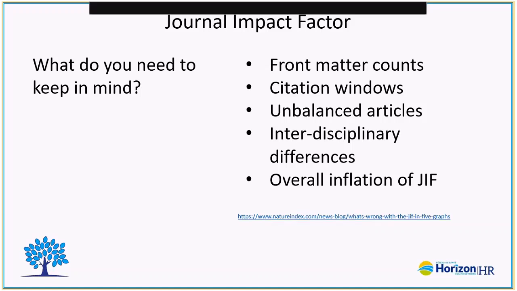Citation windows. The gold standard for publishers and for scholars is 2 years. And 2 years, for a lot of the specialties in a lot of areas, is not a long time. For example, biomedical research papers, on average, gain approximately 50% of their citations in about 8 years.